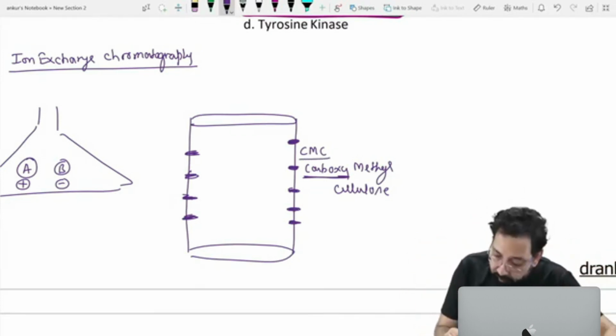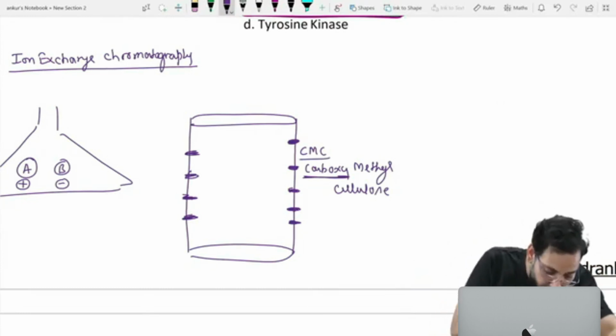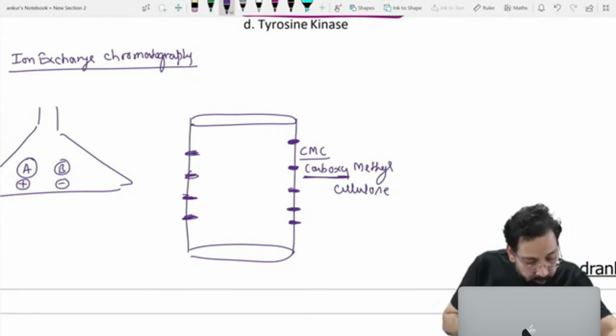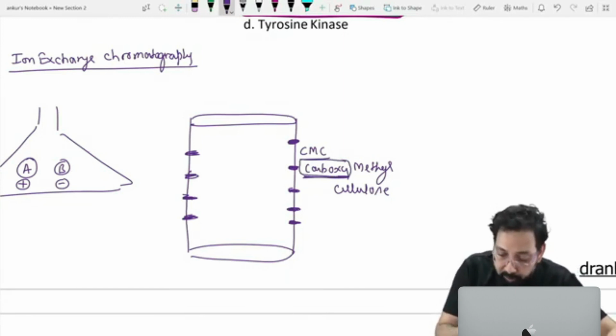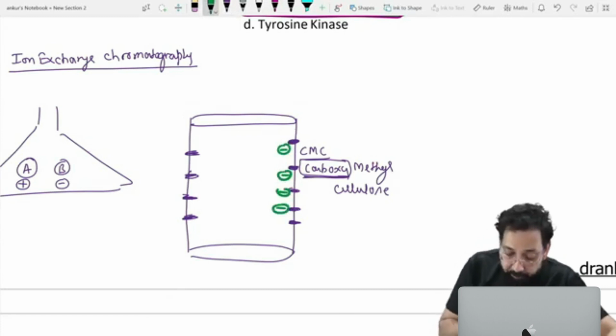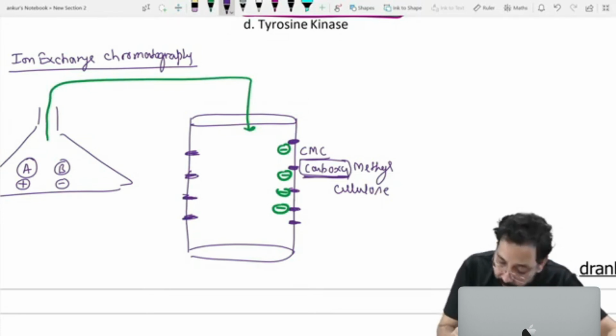Carboxymethyl cellulose has which charge? Can you tell me? Carboxy. I told you, wherever a carboxy group is there, it is negative charge. So we pass this solution. A has positive charge, so it will interact with CMC.